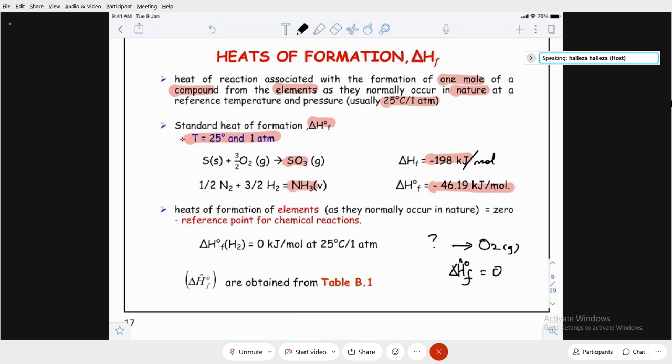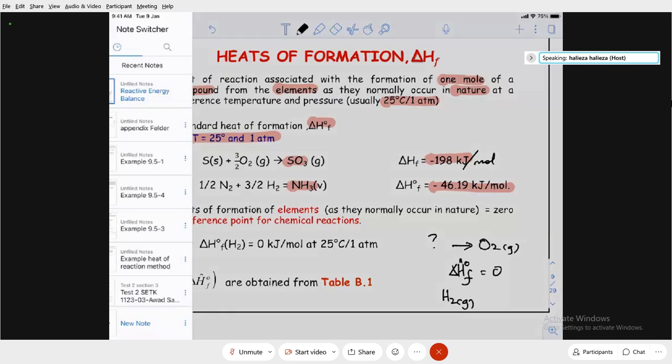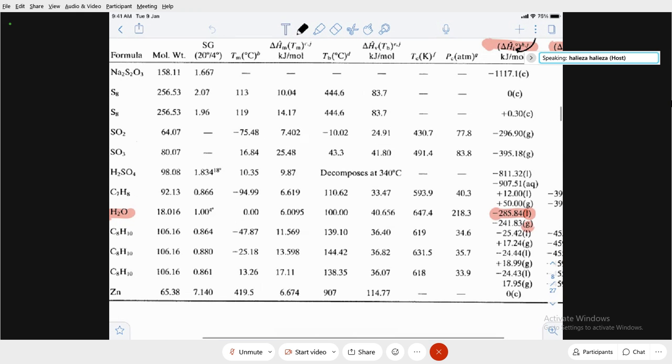It's already in its elemental form. So the heat of formation for oxygen is 0. Another example, hydrogen gas. The heat of formation of hydrogen gas is also 0. So let's check whether what I'm saying is true. Let's look at oxygen.